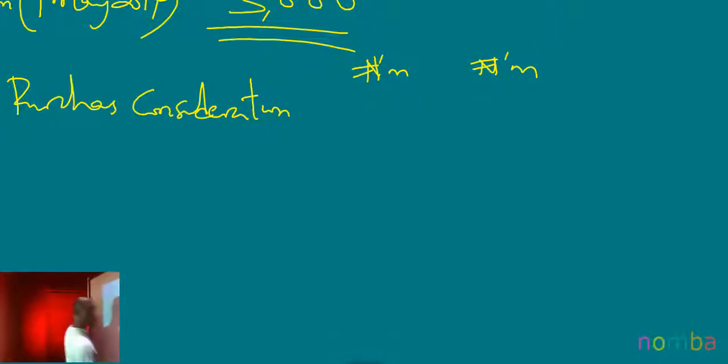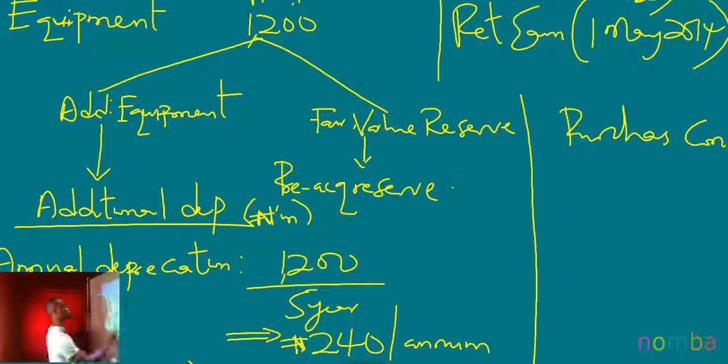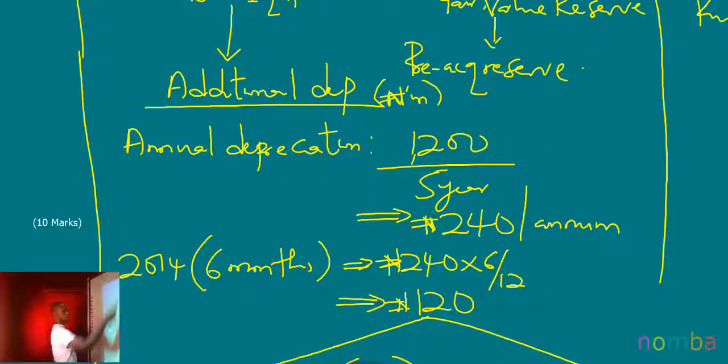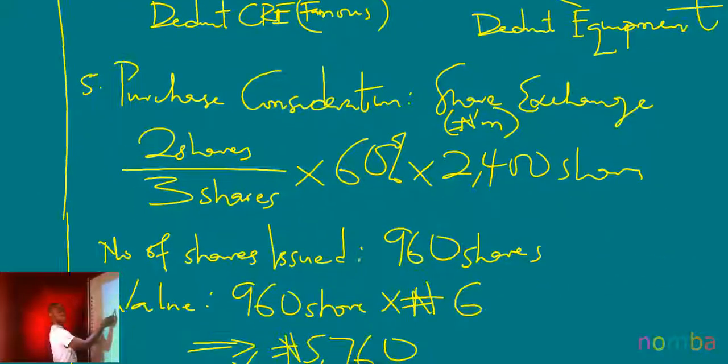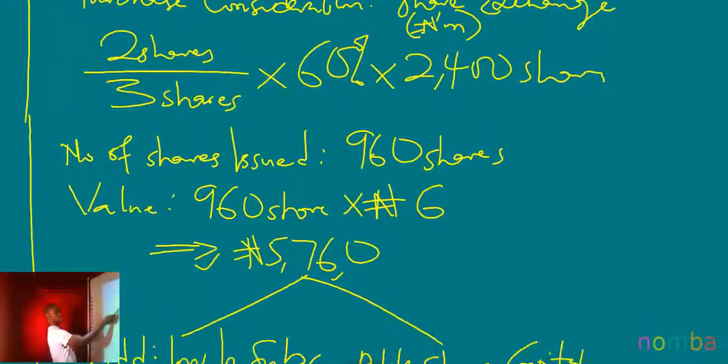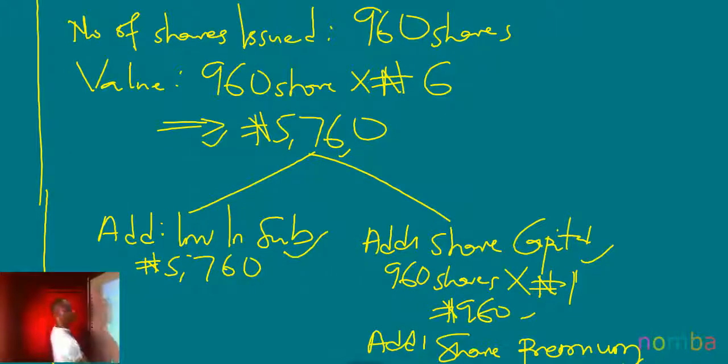Now, the purchase consideration, we determine it in the question, and we determined it as 5,760, and we said we'll add it to investment in subsidiary. So this investment in subsidiary is what we call purchase consideration. We want to cancel it out.